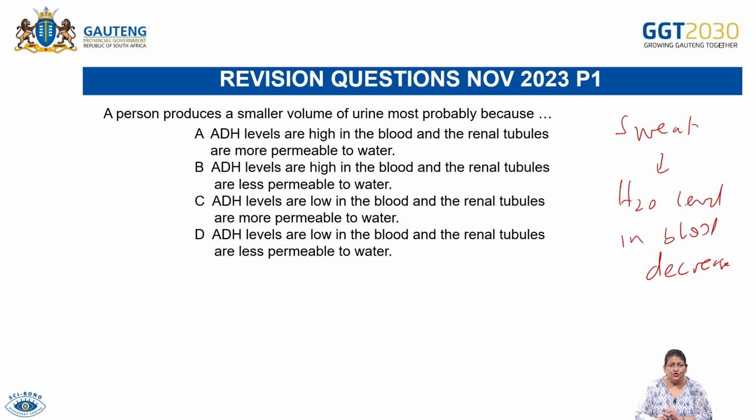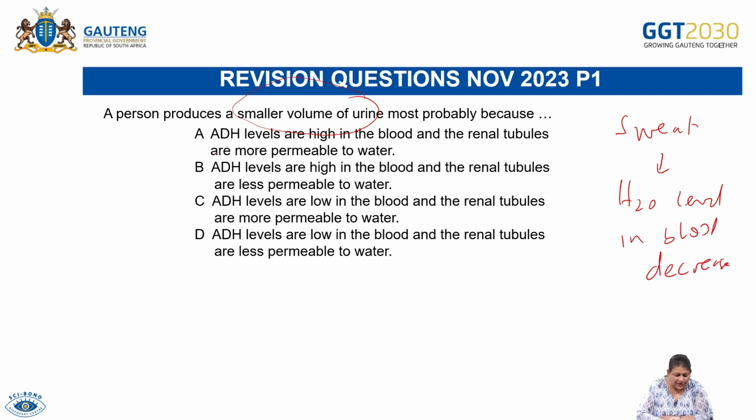So on a hot day, you're sweating, water level in the blood drops, right? And if your water level in the blood drops, it means now we can't afford to lose more water in the urine. So this low water level in the blood, because it's hot, you're going to produce more ADH. Your kidney tubules are going to become more permeable to water. More water is going to be reabsorbed into the blood, and you're going to pass out a smaller volume of urine.